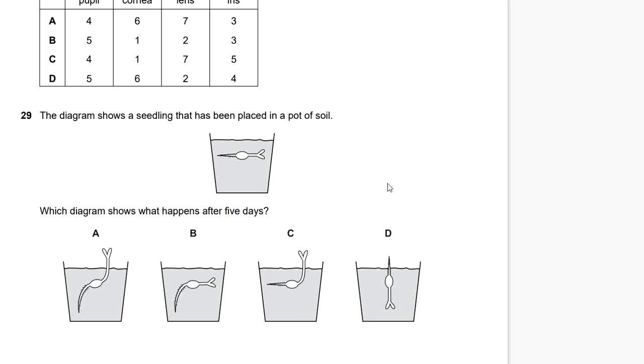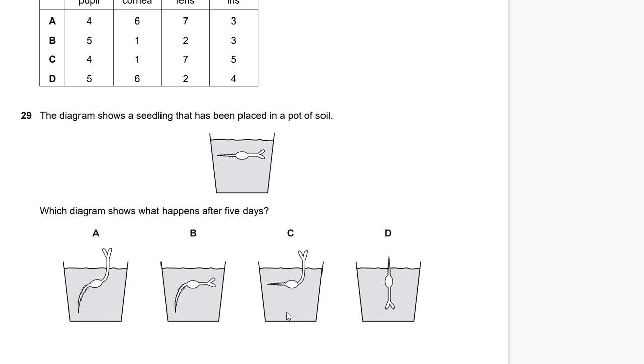The diagram shows a seedling that has been placed in a pot of soil. So it is horizontal. Which diagram shows what happens after 5 days? Of course, when we talk about the roots, they will penetrate the soil.